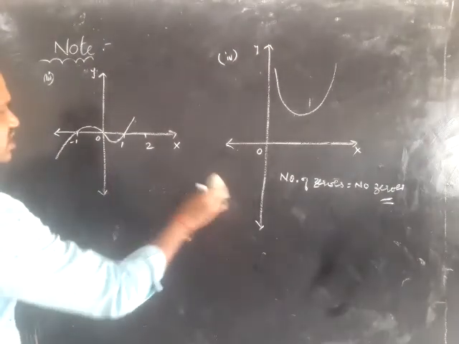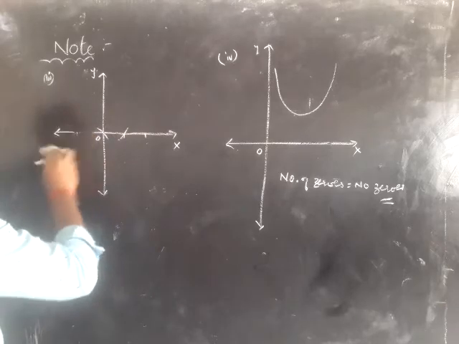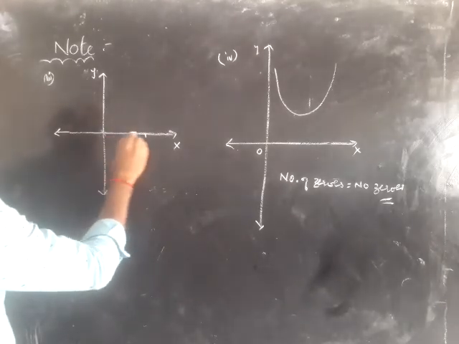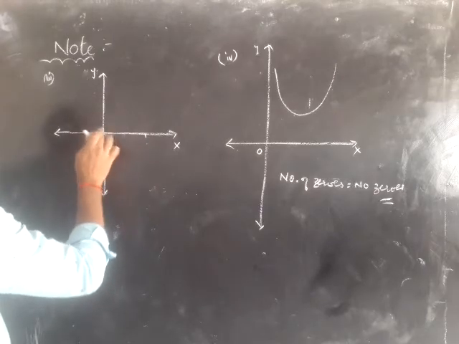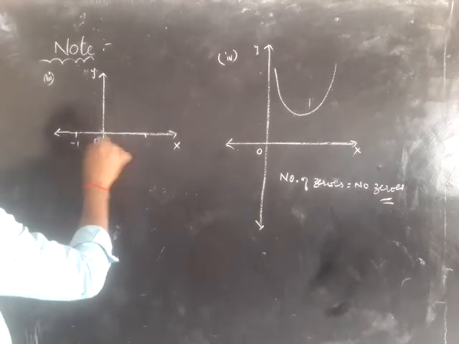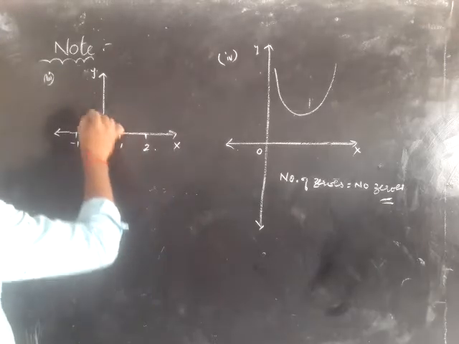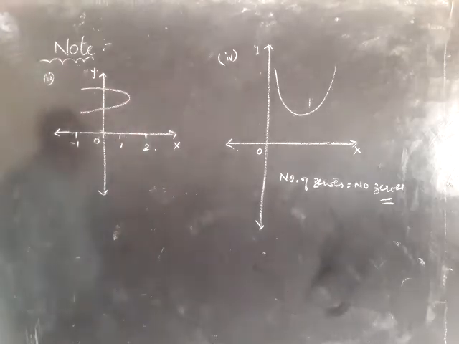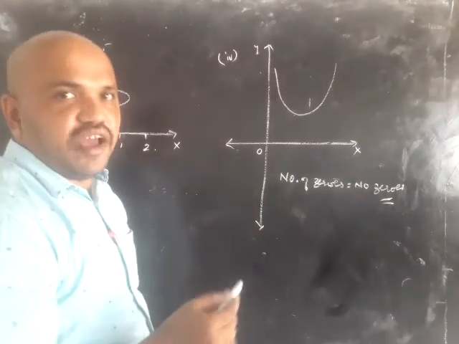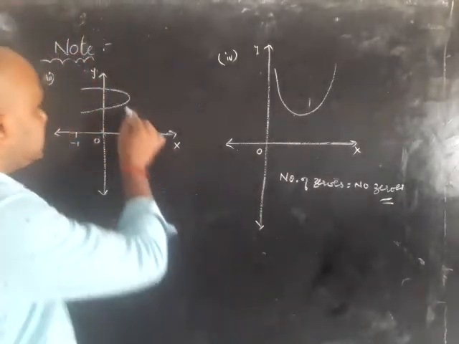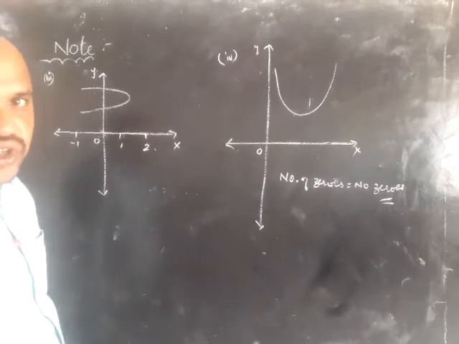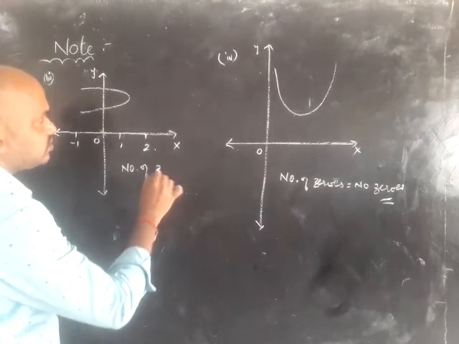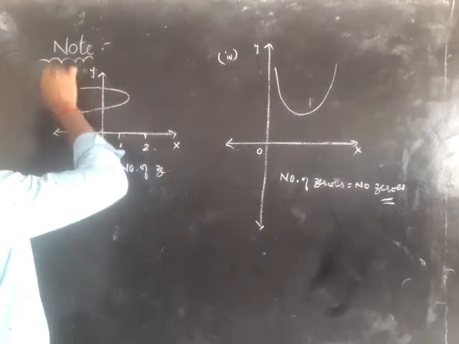Now if we see the fifth example, we are discussing the polynomial with variable x. Now it is intersecting on the y-axis. So here also the number of zeros is no zeros. It is the fifth one.